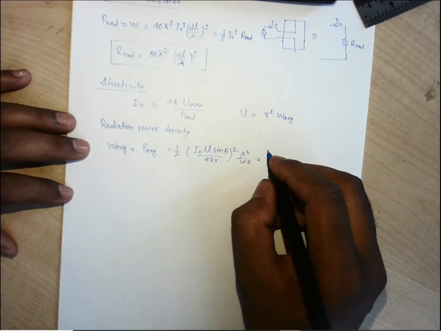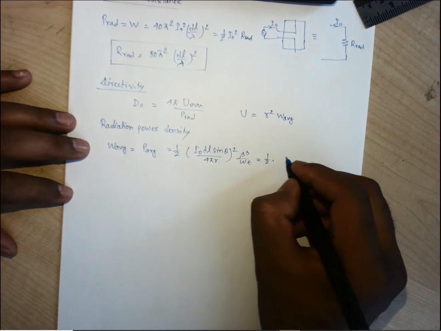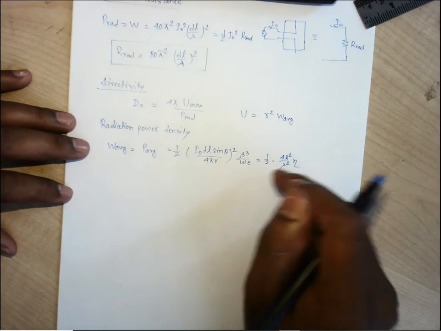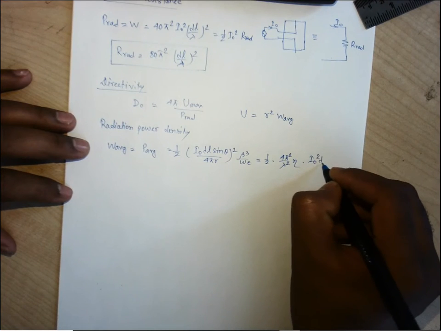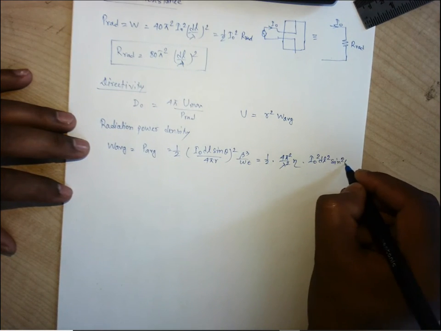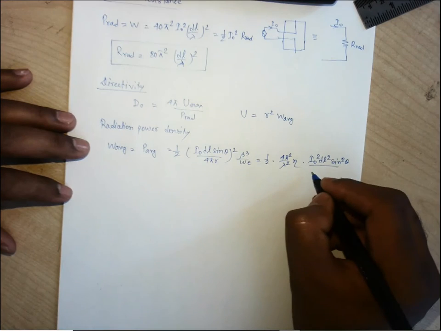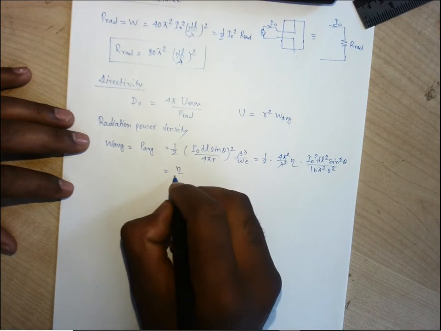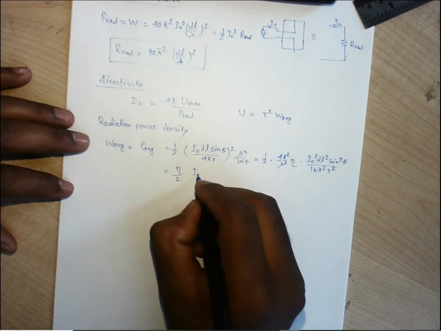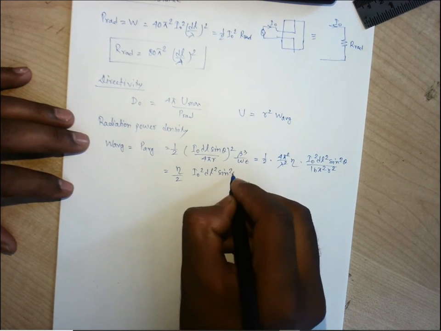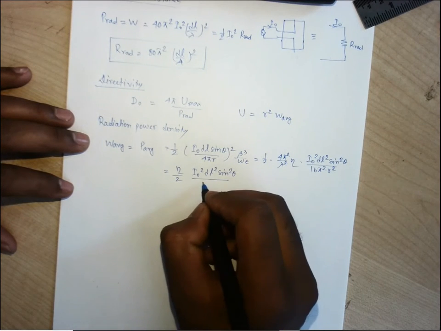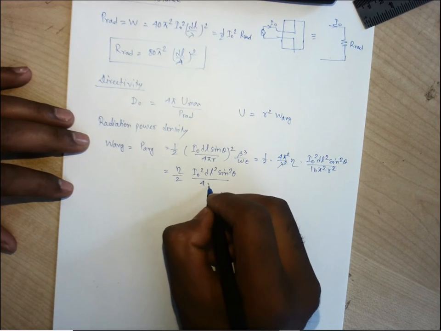So let us simplify this one. Half into 4 pi square by lambda square into eta, into I naught square dl square sin square theta by 16 pi square r square. If we simplify more, this will come out as eta by 2 I naught square dl square sin square theta, where the 4 pi square will get cancelled, by 4 r square lambda square.